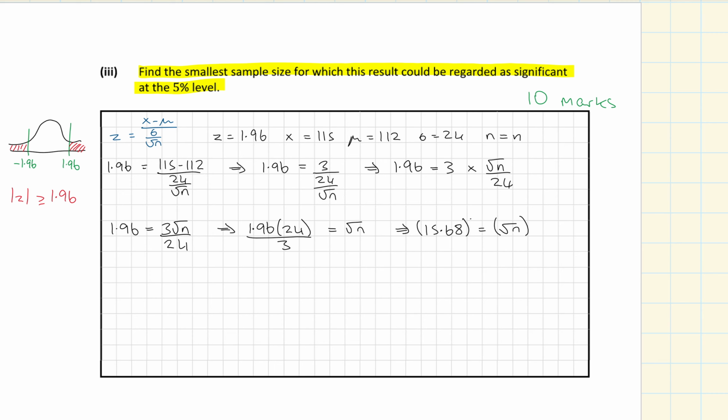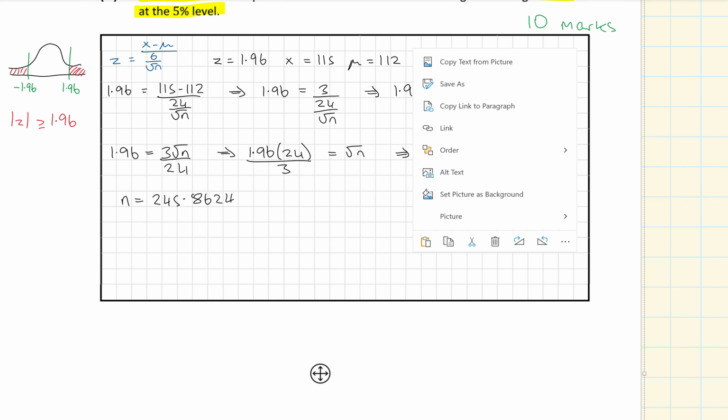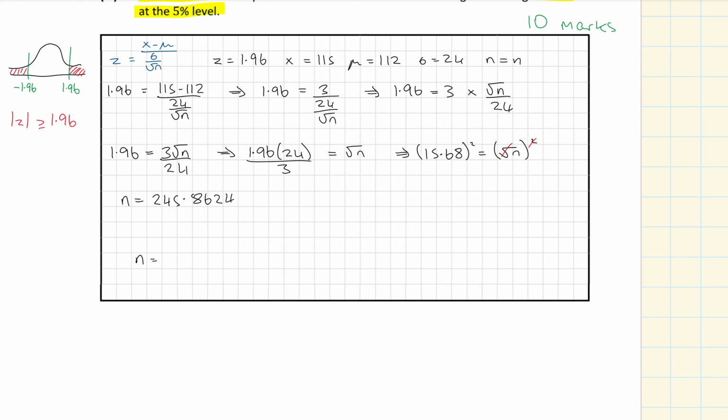Square both sides. The root and the square will cancel. Into your calculator, and we get n is equal to 245.8624. We're going to round up to the nearest whole number, so that's 246.